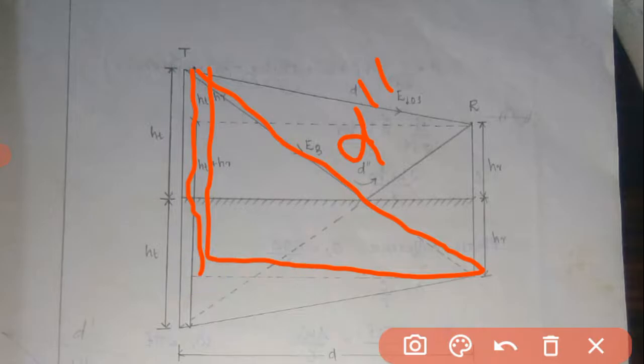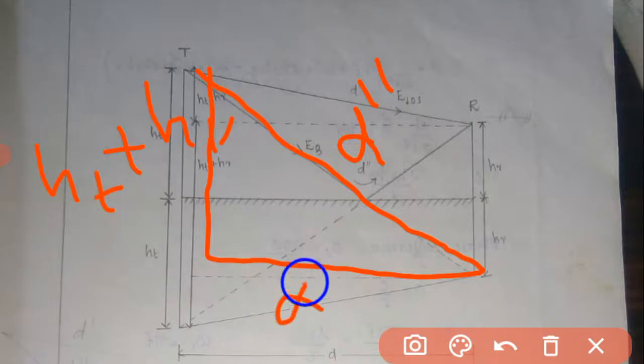So it is HT plus HR. And this distance is D, the distance between the transmitting antenna and the receiving antenna.